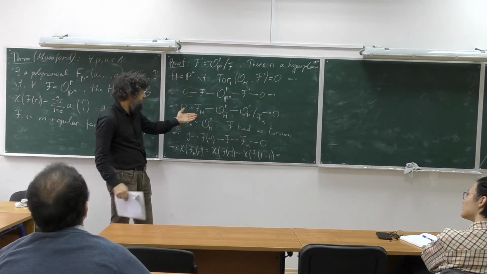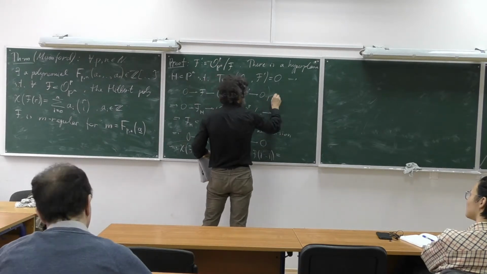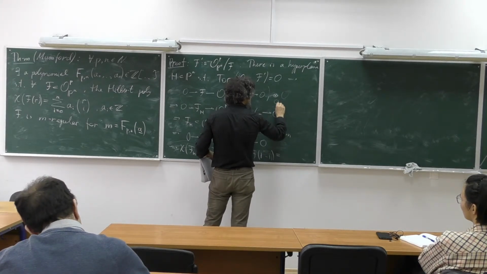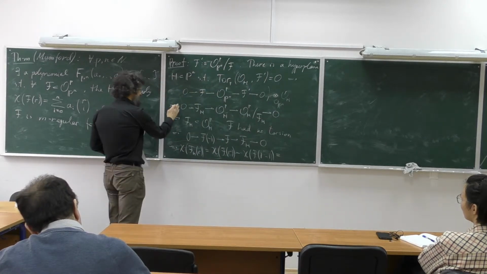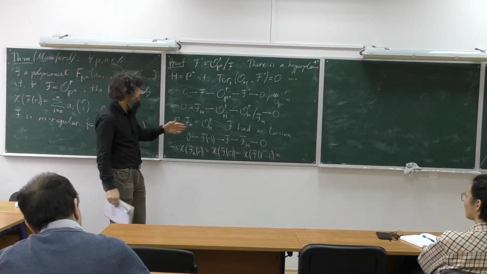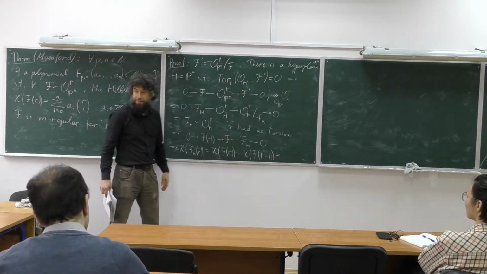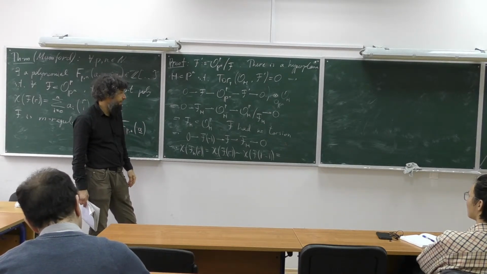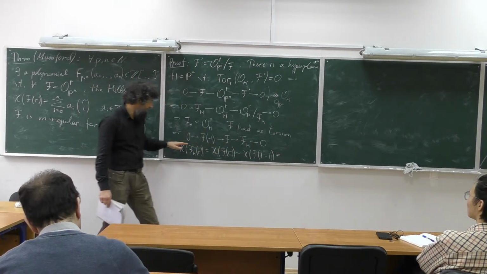We just take this whole thing and tensor it over O_Pn with O_H. But the tensoring is not exact, but since the Tor vanishes, this particular thing stays exact. And since F has no torsion, then we derive this other exact sequence.